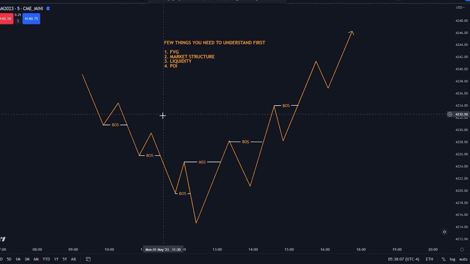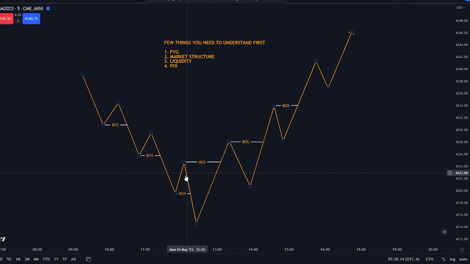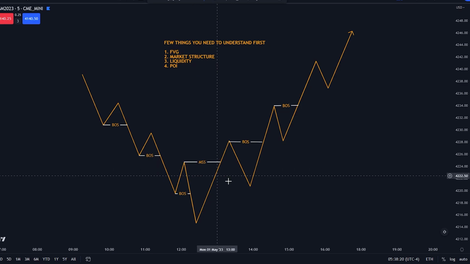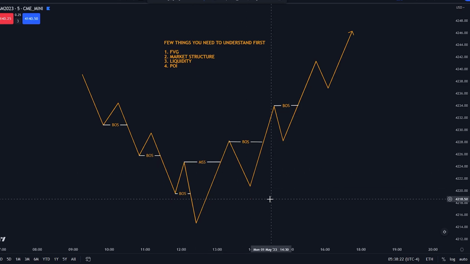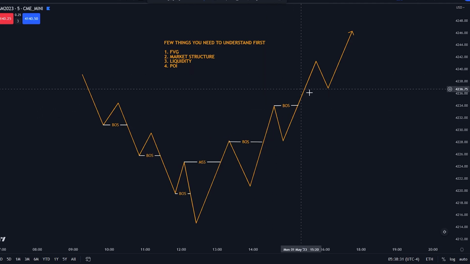So break of structure, break of structure, break of structure. And when we reverse, we get market structure shift. So we have swing low, swing high, swing low, and then break of the swing high or higher high. And then the same thing when you go bullish, we keep making new higher highs and breaking the structure.